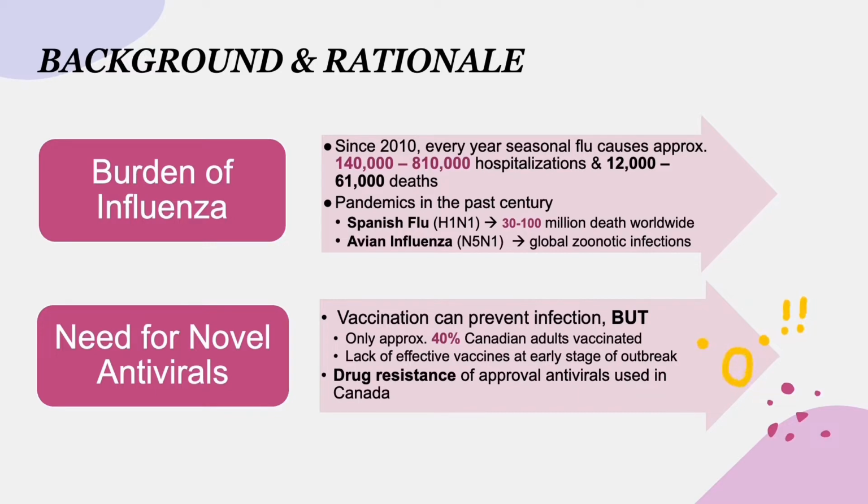Vaccination is the best way to prevent infections every year, but only about 40% of Canadian adults get the flu vaccine each year, and the available vaccines have varied effectiveness and tend to be an issue at the early stage of a flu outbreak. Other than that, drug resistance to the approved antivirals currently used in Canada has arisen in the currently circulating strains.